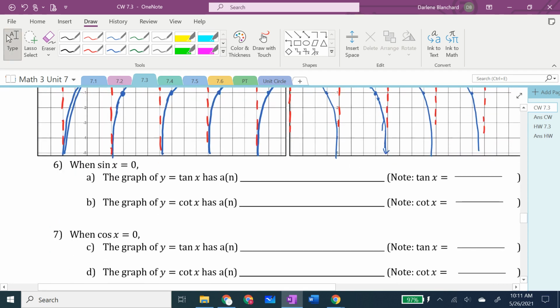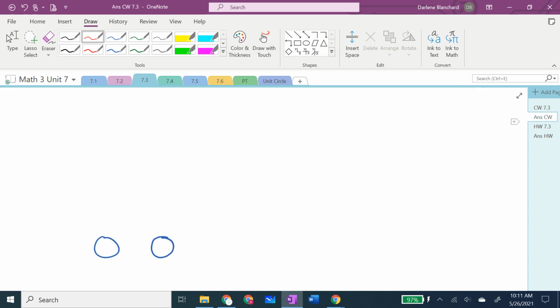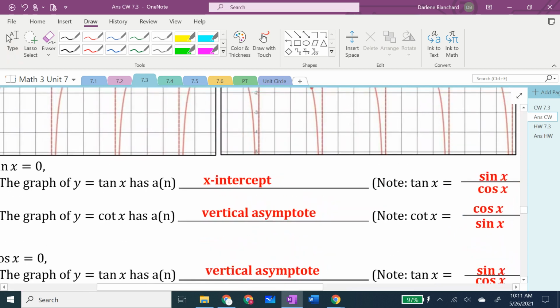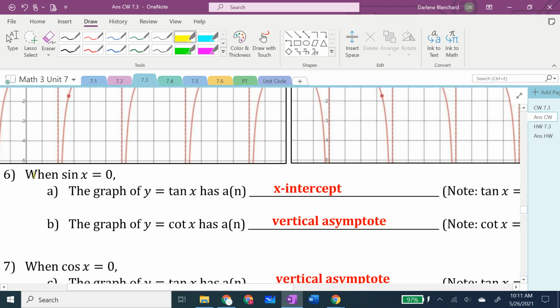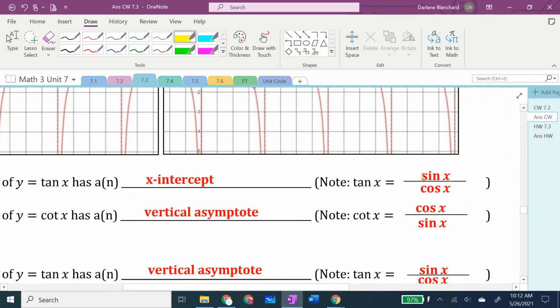So what I've got down here is what's going to help you remember these graphs. So the graph of tangent x. Actually, let me just go over here so I can point it out. What I've got here is for number 6, when sine x is equal to 0. Tangent is sine x over cosine x.